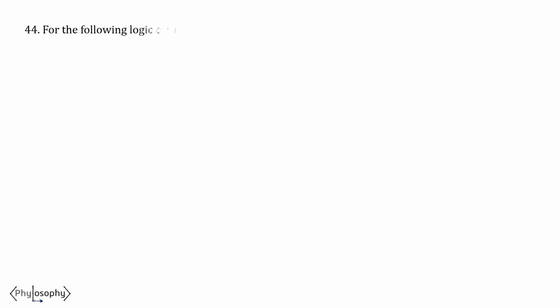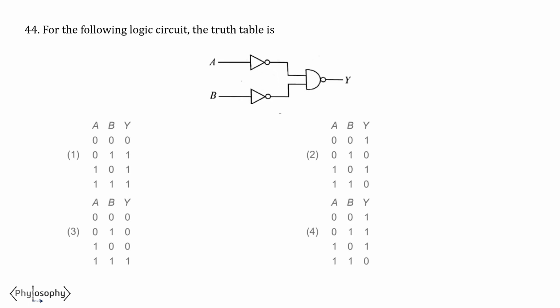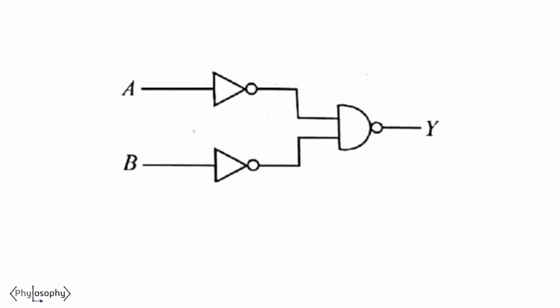Our next problem is: for the following logic circuit, the truth table is, and these are the 4 given options. So let's focus on this logic circuit. Here are two inputs A and B, and both are passing through a NOT gate. So after passing through a NOT gate, A will be A bar and B will be B bar, and after that they both pass through a NAND gate.